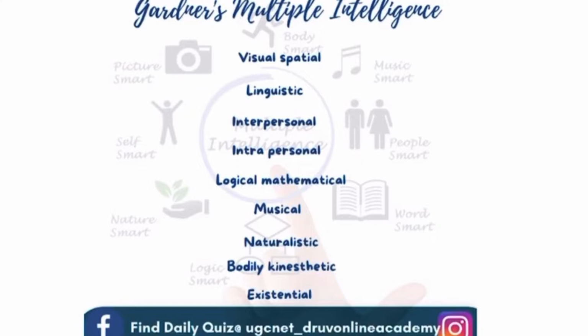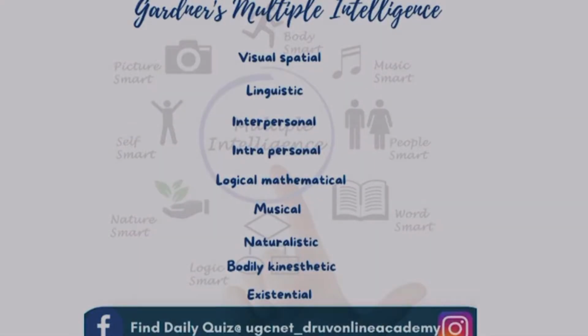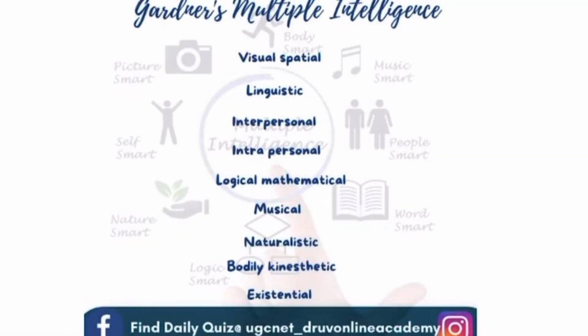Next is intrapersonal intelligence. So intrapersonal meaning is within oneself. So contemplating and reflecting on one's own actions, one's own belief system, values, attitudes and behaviors, all these require intrapersonal intelligence. Philosophy is one of the fields that is related to intrapersonal intelligence.